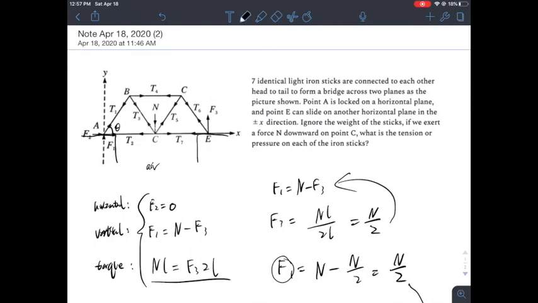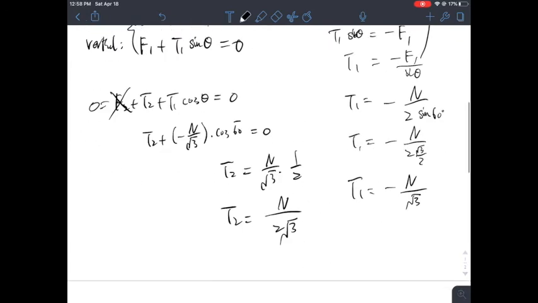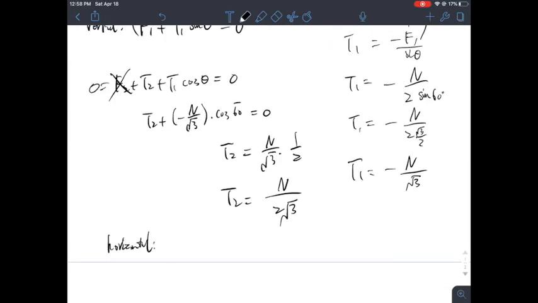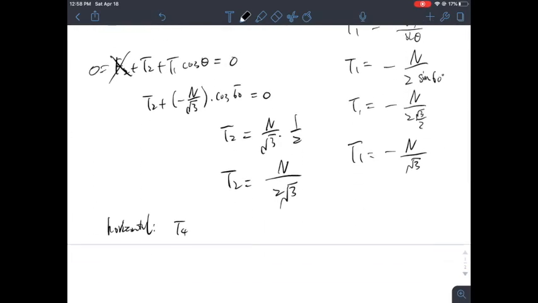Now we need our second isolated system. Let's consider B. B has 3 forces there: T1, T3, and T4. Let's balance the forces. In the horizontal direction, we have T4 plus T3 times cosine theta minus T1 times cosine theta equal to 0.